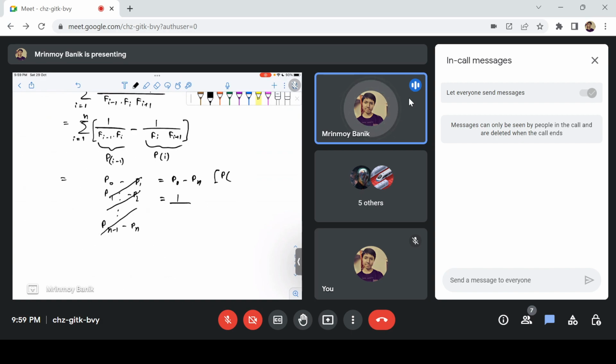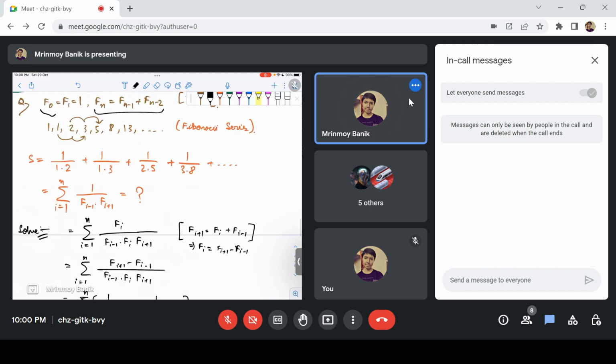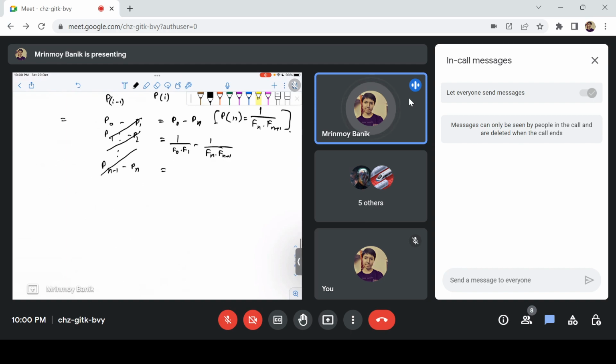So here, according to our definition, pn is equal to 1 by fn times f_{n+1}. So this is 1 by f0 times f1 minus 1 by fn times f_{n+1}. f0 is 1 and f1 is 1, so both of them are 1. So that's why this is 1 minus 1 by fn times f_{n+1}. So that's the answer.